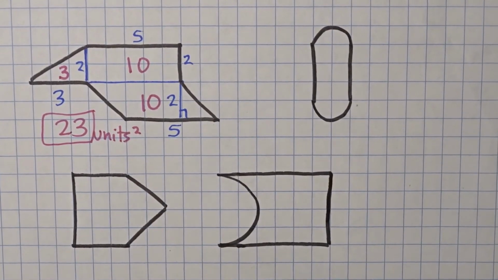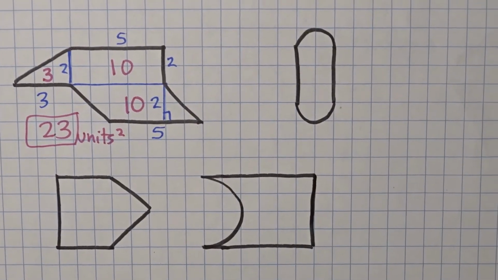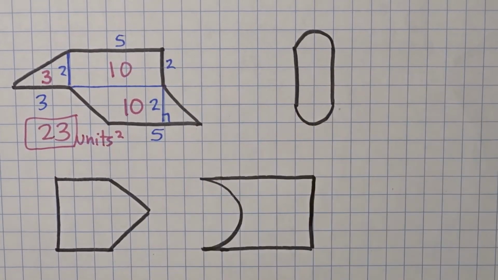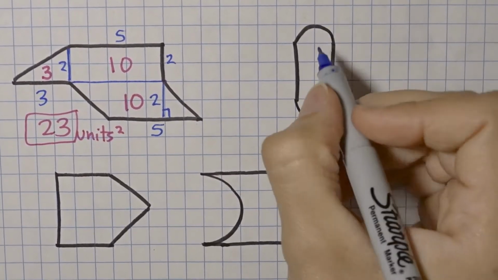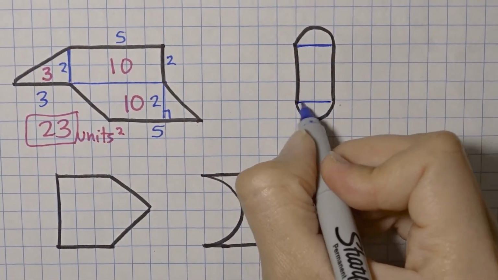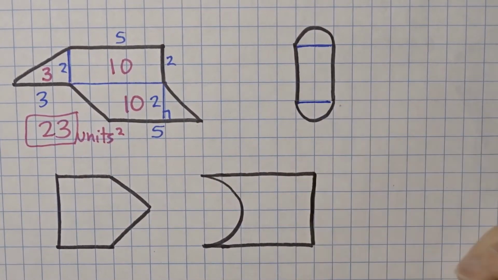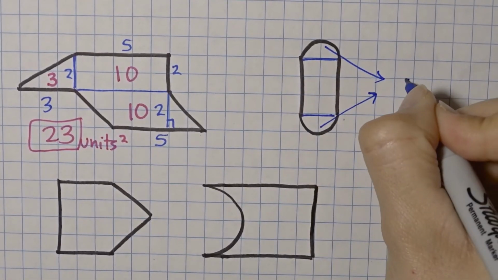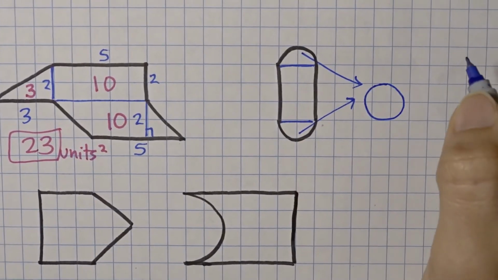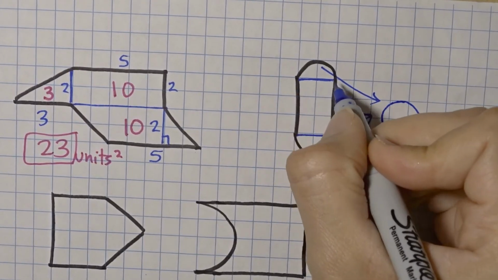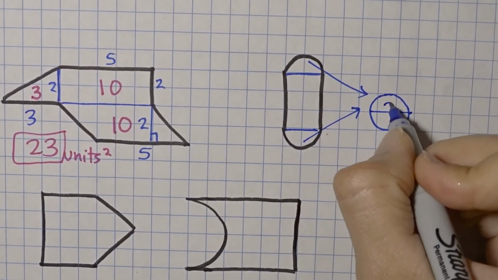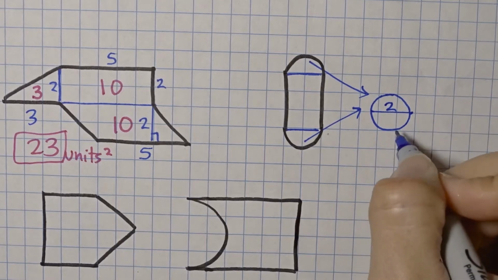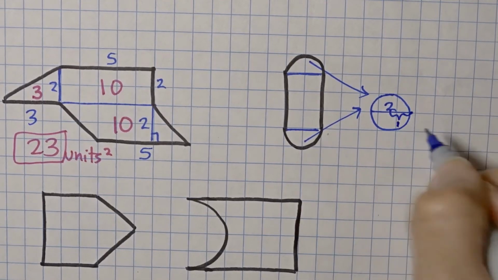All right. Now the next one looks like I got a rectangle in the middle and 2 semicircles. Now if I were to bring these 2 semicircles together, I know that I have a circle. And by looking at the diameter here, the diameter is 2, not drawn to scale. And so that means my radius would be 1.